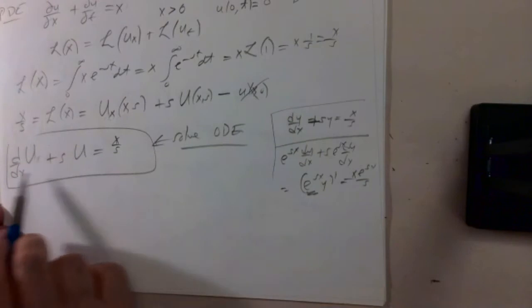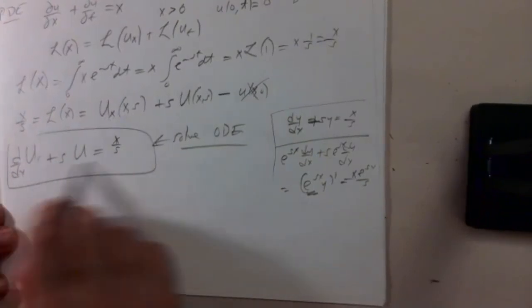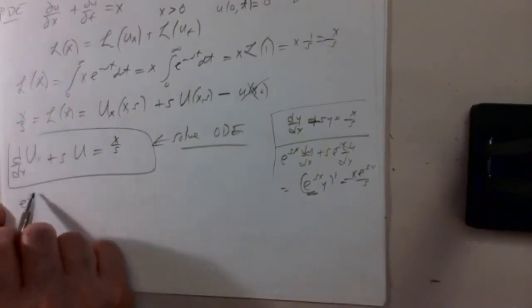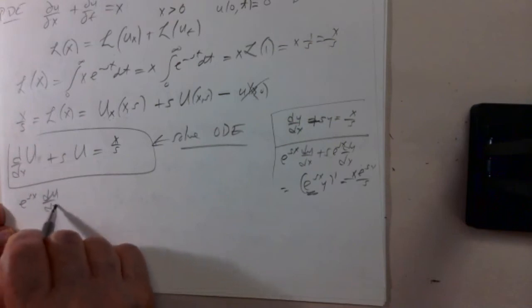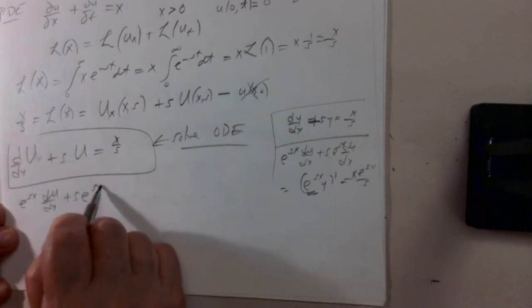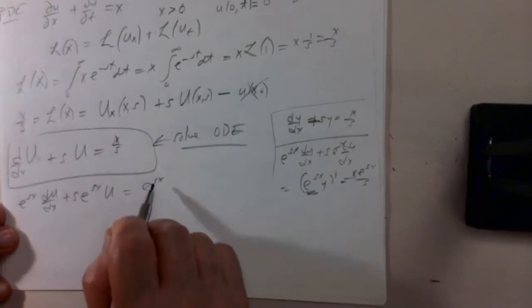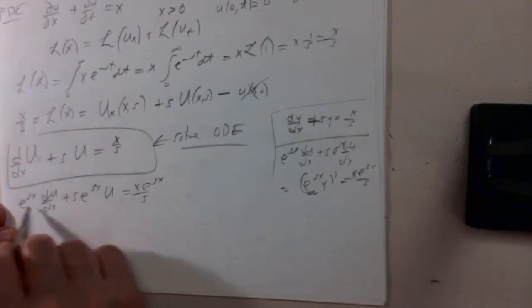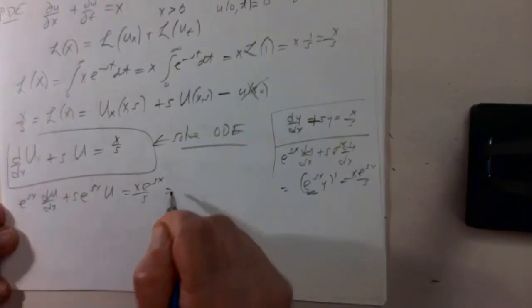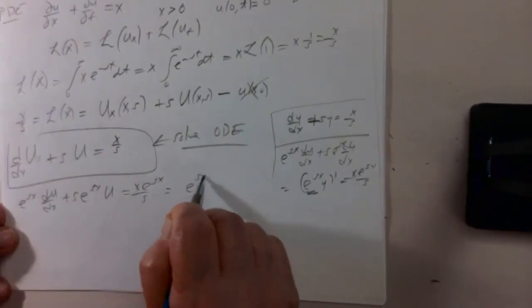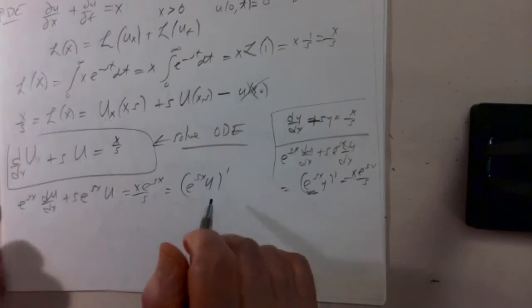So let's multiply, let me just do it on this one. e to the sx du dx plus s e to the sx u equals e to the sx times x over s. And of course, this is equal to just e to the sx u prime.